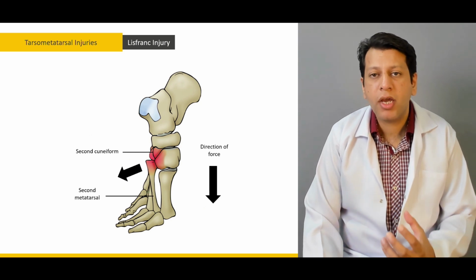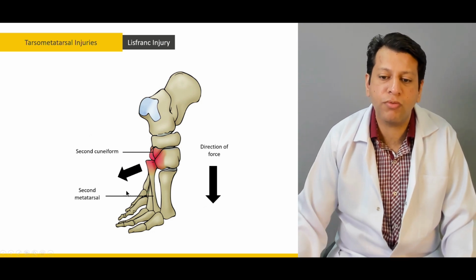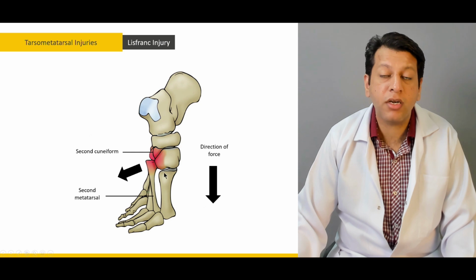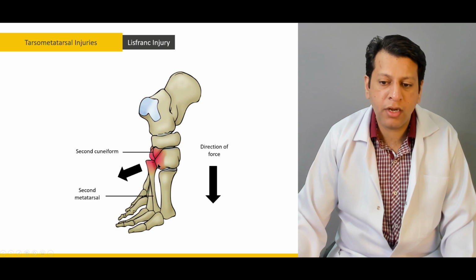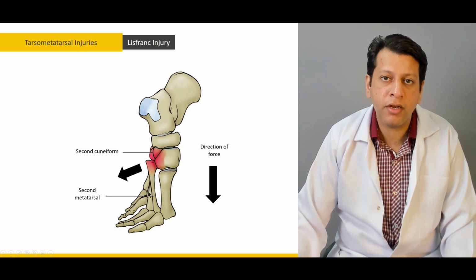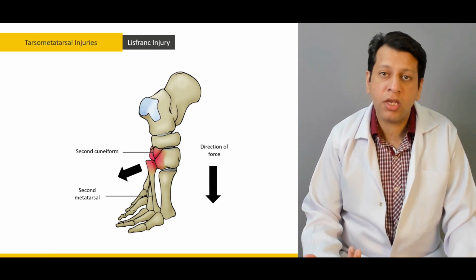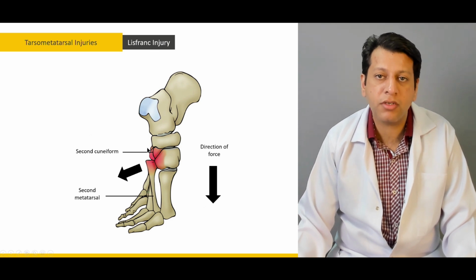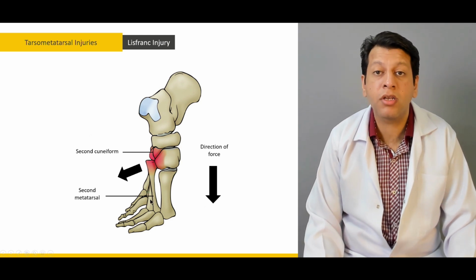The most common mechanism of injury causing disruption of the Lisfranc ligament is what is shown over here: hyperflexion and hyperpronation. If too much force is applied when the foot is in a plantar flexed position, with downward force applied, for example a patient falls with the foot in this position, or in the case of ballet dancers, when their foot is in this position and a lot of force is suddenly applied, this results in a Lisfranc ligament injury or rupture.